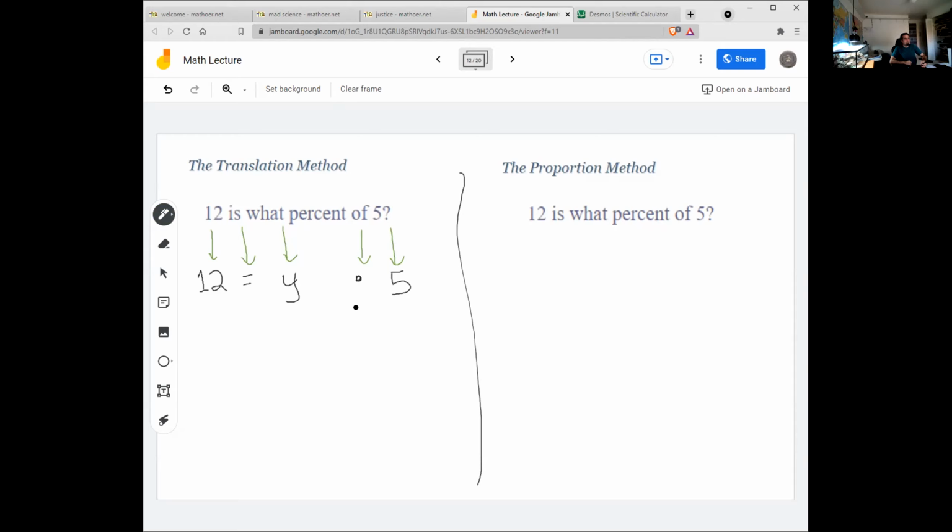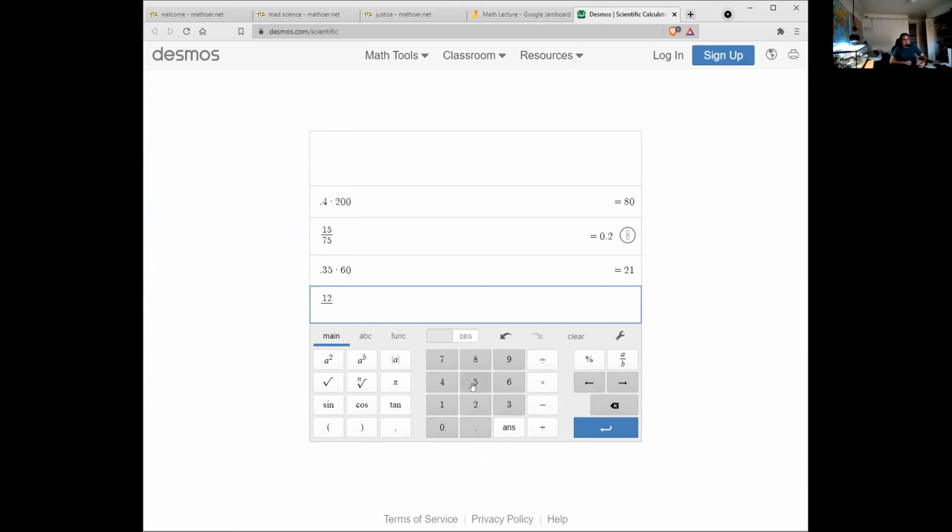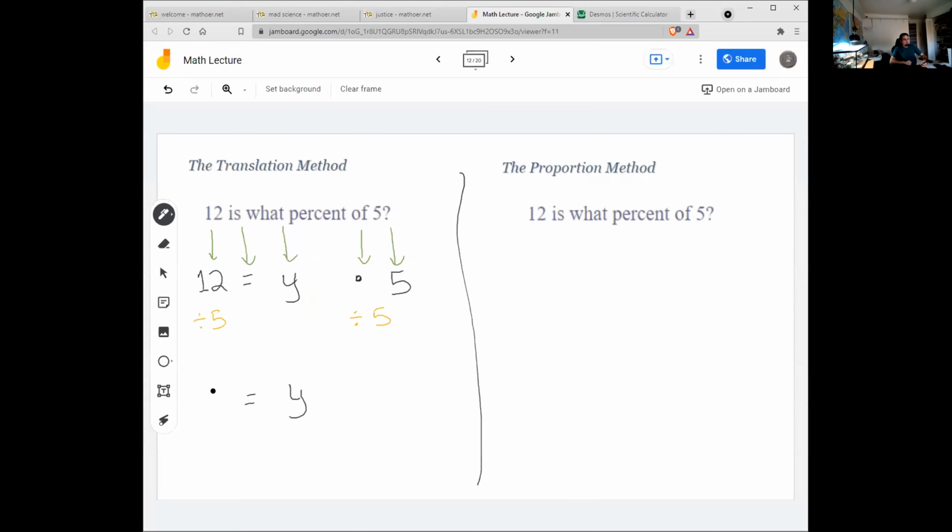Thank you, Rick. Okay, I have something attached to y with times 5. We've done this already. Get y by itself is divided by 5. Whatever that is, 2.4.